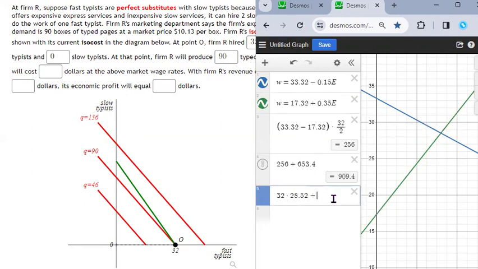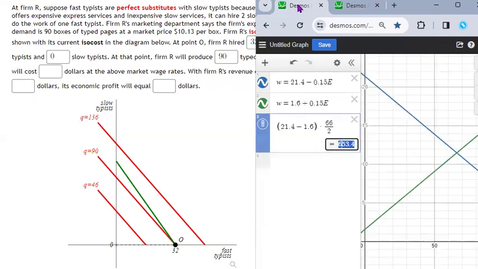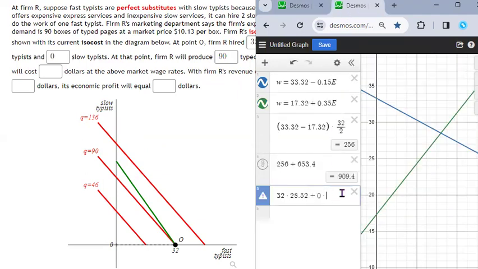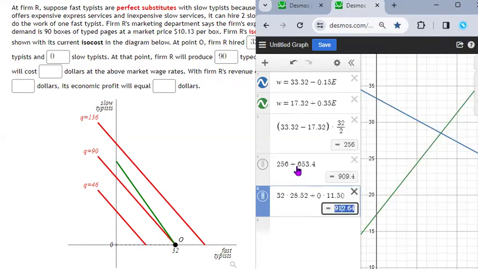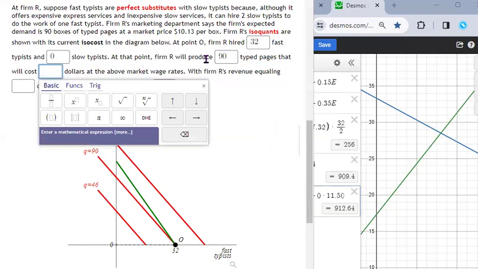And we're going to have to add that to 0 times the wage of slow typist. And the wage of slow typist is 11.50. Okay, so the cost of that production is $912.64, right?